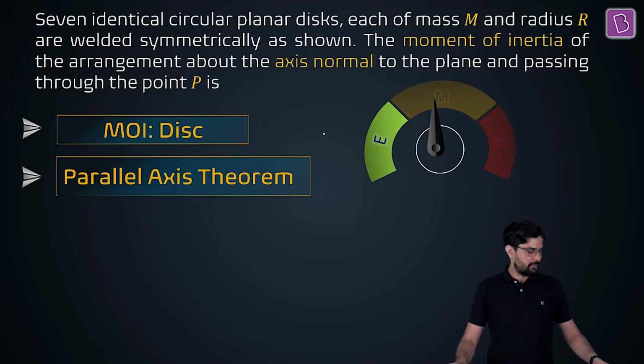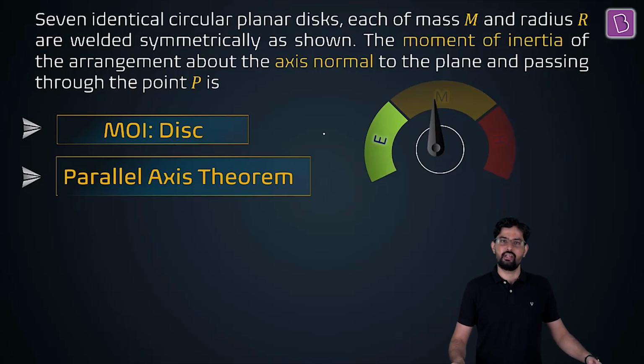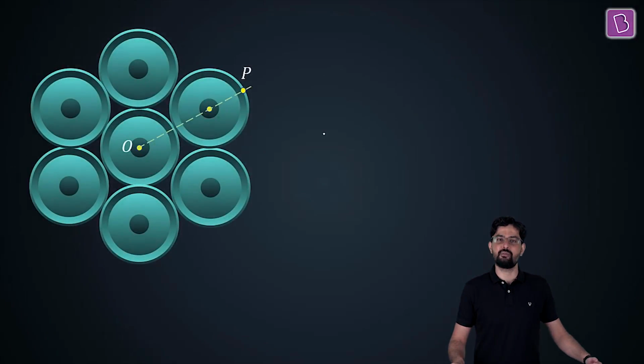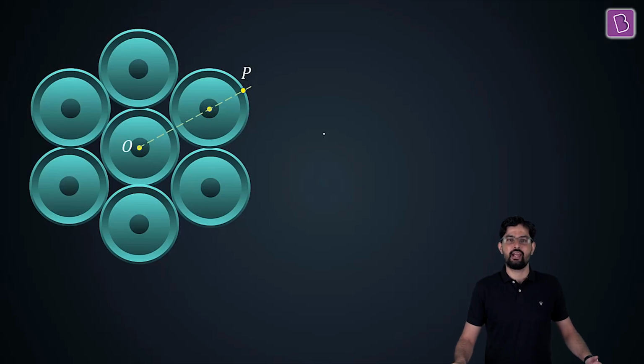But this question is going to become really hard for you if you try to find out the moment of inertia of each disk individually and then plan to find out the total moment of inertia. So we are not going to follow this approach.